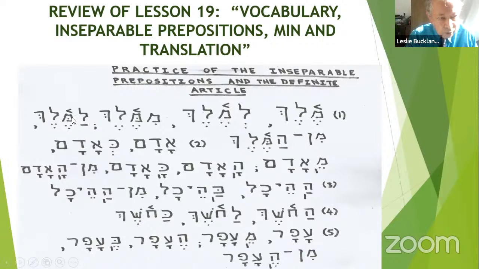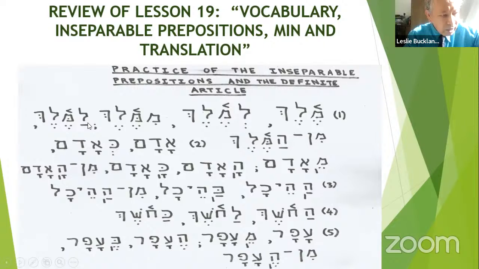So pronounce this part of the word for me. Okay, so it's melek. So say the whole word now. Lamelek. Correct. You did it correctly because the first letter is doubled. So you have lamelek.